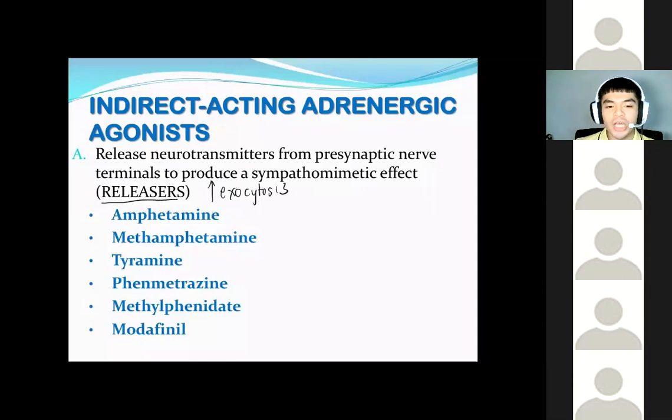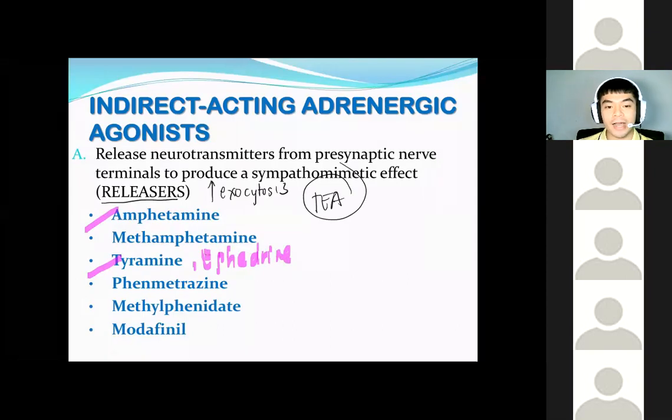Well, actually, the term releasers is also the T I mentioned earlier. Remember the T, the mnemonic? It was just expanded here. Examples are tyramine, and add ephedrine there. Ephedrine is included. And also we have amphetamine. You can see that amphetamine has derivatives that are also releasers, like methamphetamine.